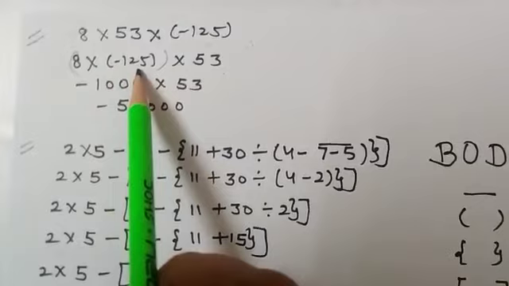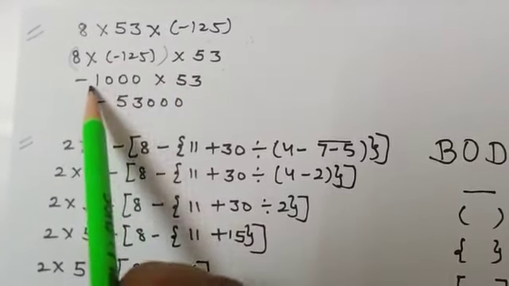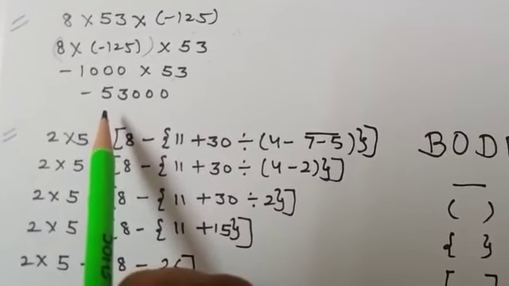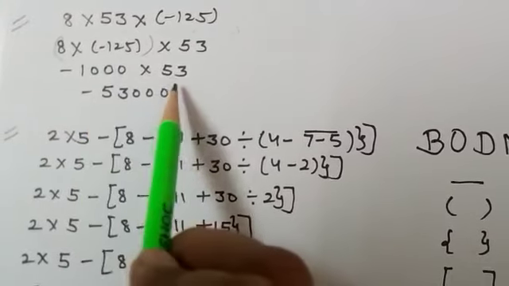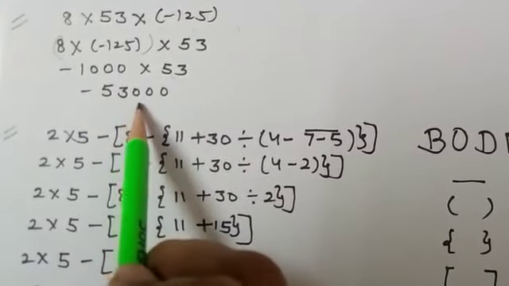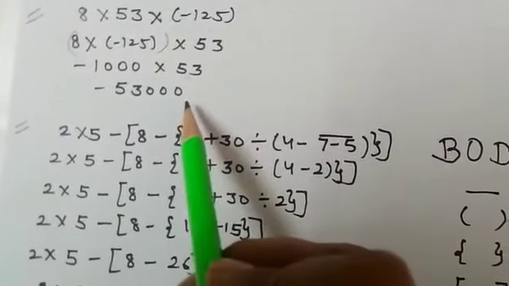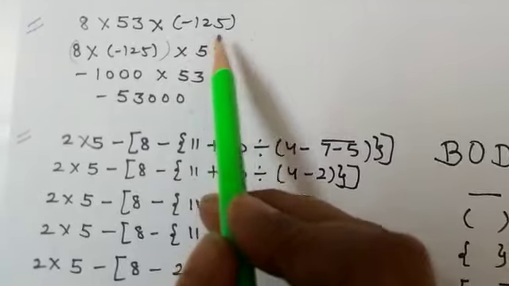We know that 125 into 8 is 1000, and the minus sign into 53, negative sign, because in multiplication, if we have an odd number of minus signs, then the answer will be minus. So multiplying this, we get minus 53,000 as the answer. This sum is easily solved by the rearrangement, or regrouping, property.